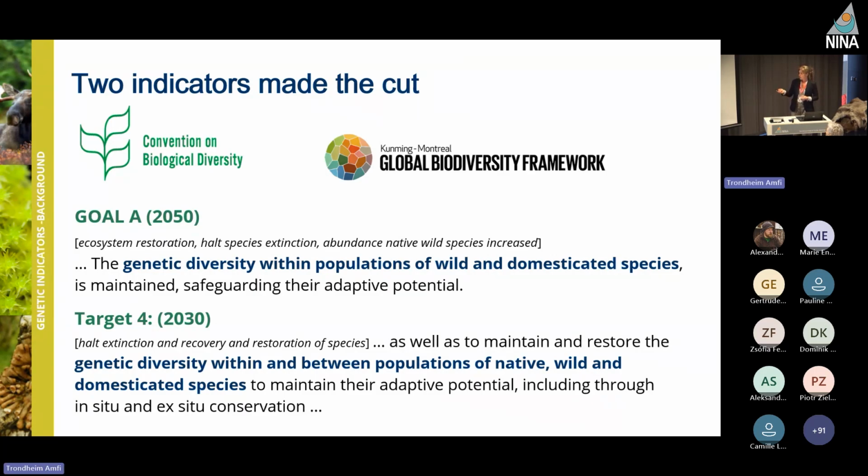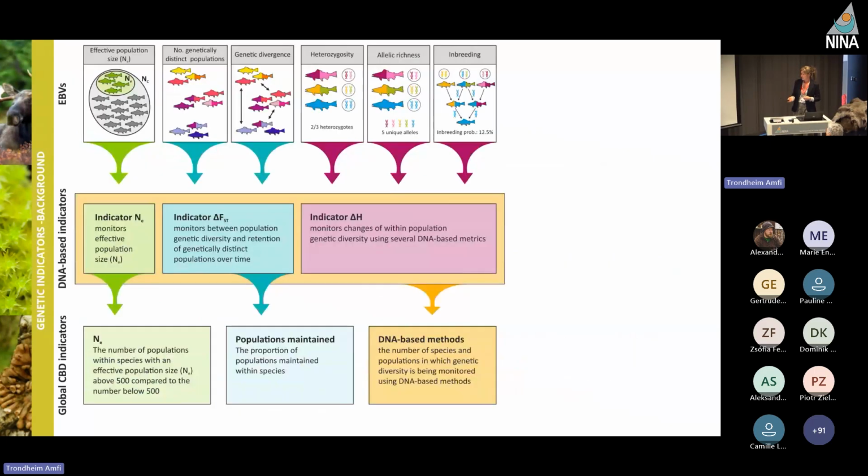So this was a huge achievement to actually be there. This was 30 years after the CBD came into force. So it has taken a lot of effort and time and lobbying and talking to stakeholders, hearing what they have to say to get to the stage where we actually have indicators in the Convention on Biological Diversity.